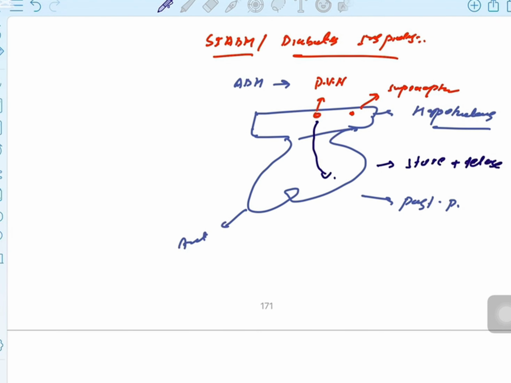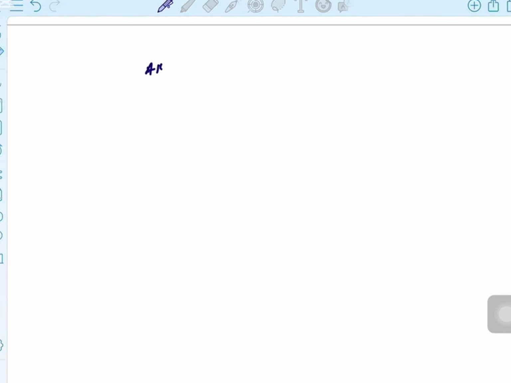So if someone asks you which nucleus produces antidiuretic hormone, you will give the answer that the specific one is the paraventricular nucleus. But in some books it is also written that both the paraventricular and supraoptic nuclei are involved. If both nuclei are mentioned, you have to choose the option of the paraventricular nucleus, because this is asked many times in the exam.